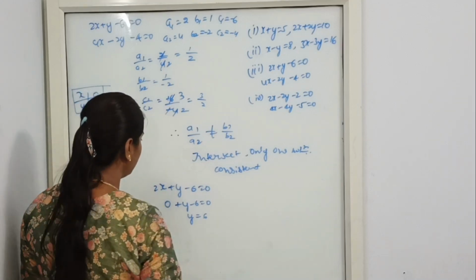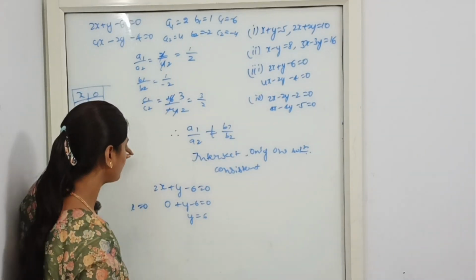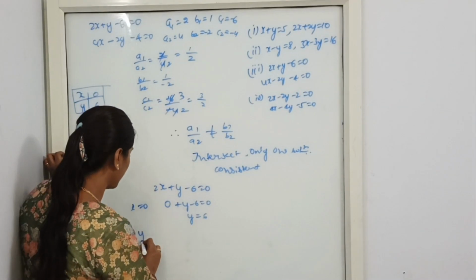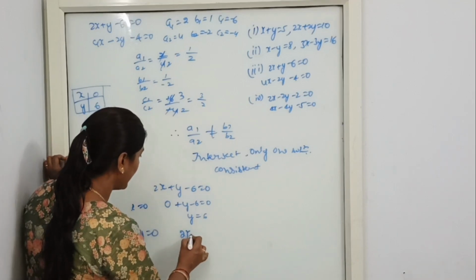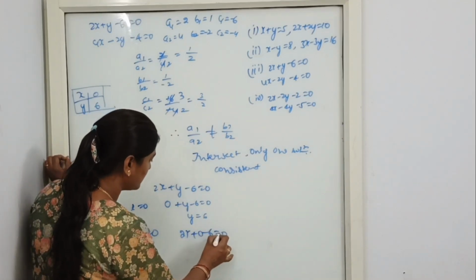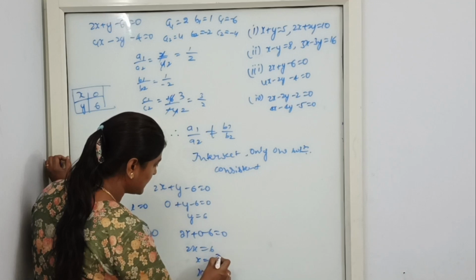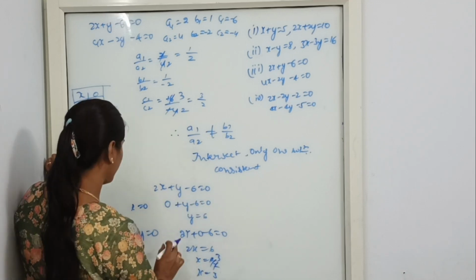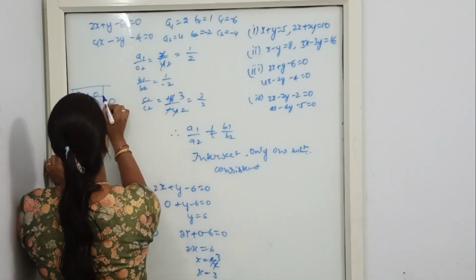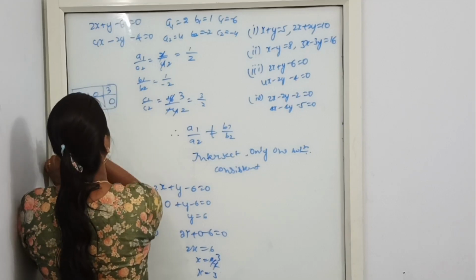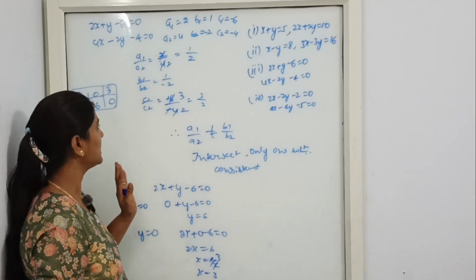In the next step, take y as 0: 2x plus 0 minus 6 is equal to 0, 2x is equal to 6, and x is equal to 6 by 2, which is 3. So if y is 0, x becomes 3. This is the table for the first equation.